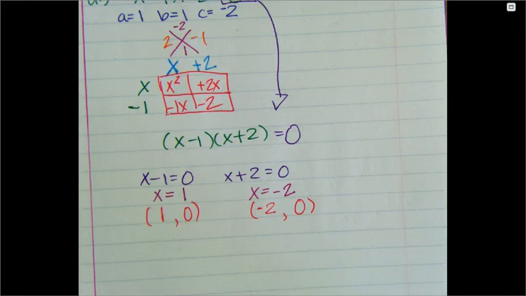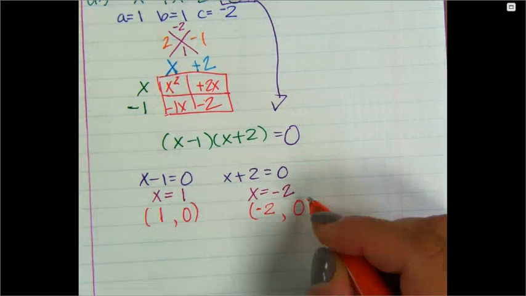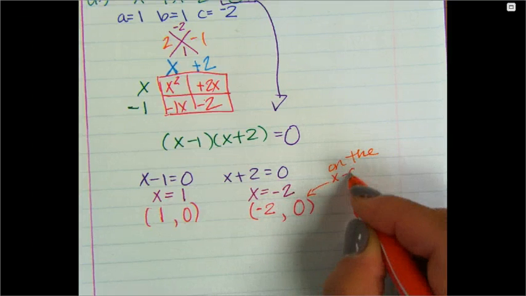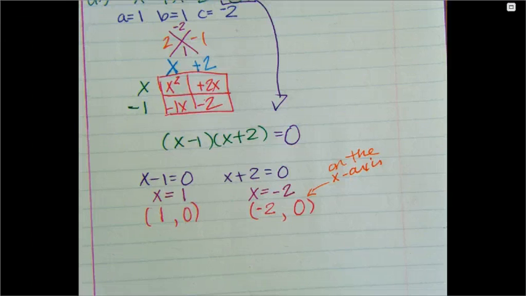You have your graph in front of you. Look at it. What does it mean if I was negative 2, 0, and 1, 0? Look at your picture. It's going to be on the x-axis. So if I'm sitting on the x-axis, what is that representing?